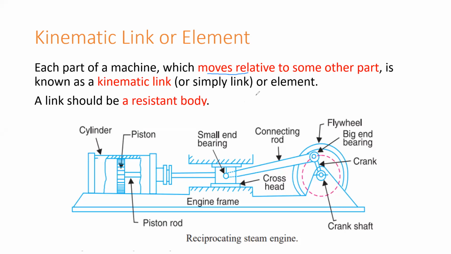Just as an example of relative motion, suppose it is one block, say block 1, and now I put another block on it. So what is happening here?